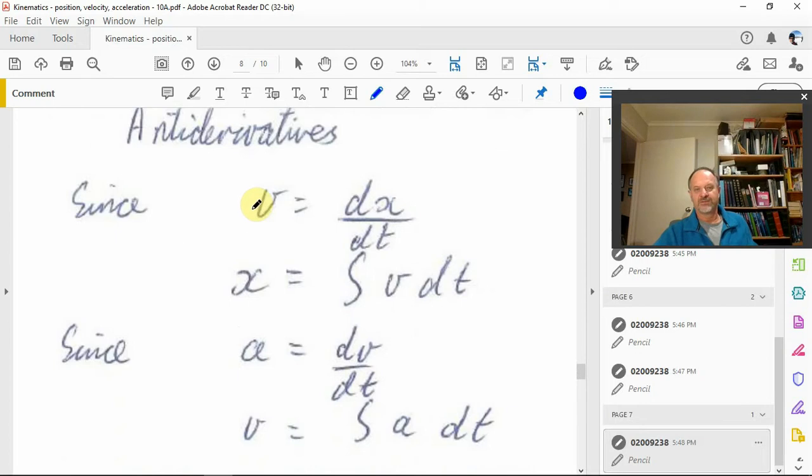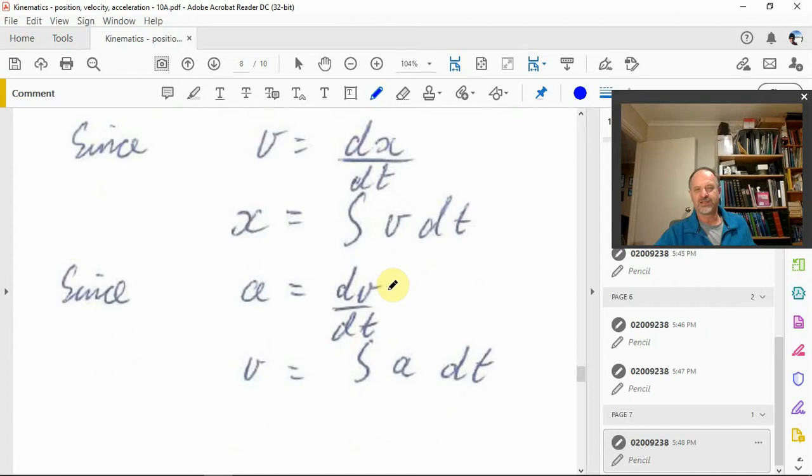Since the velocity is dx dt, if we've got the velocity and we want to go back to x, that would be the integral of v dt. And for acceleration, seeing as that's dv dt, if we want to go back the other way and find velocity, we would anti-differentiate the acceleration.